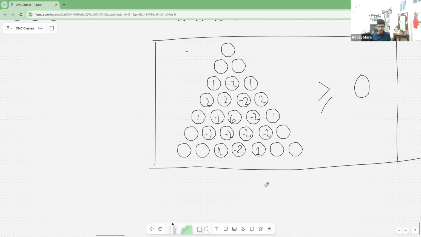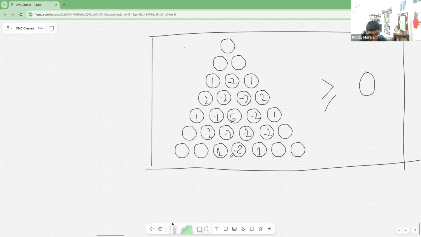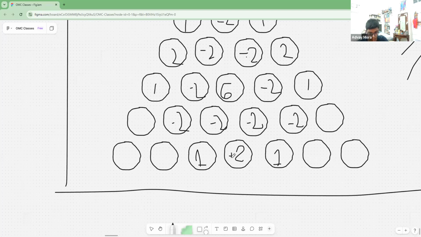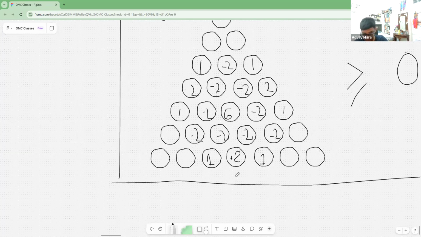So does anybody have any ideas on something you could see based off of this? In fact, I've already shown you the diagram for this inequality. Yes, this is 2. My bad. Thank you, Avdhu. Yes, Krishika is correct.